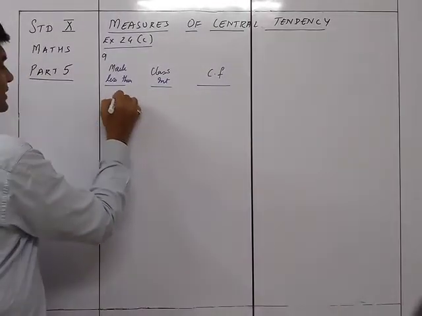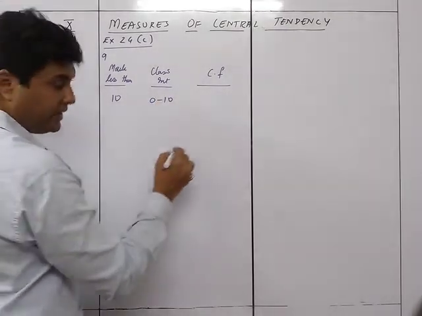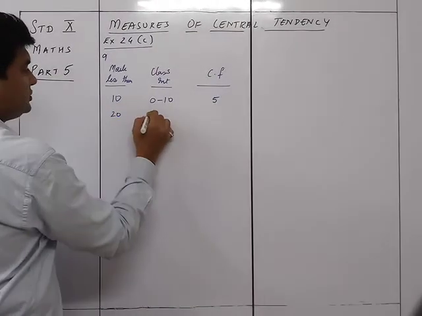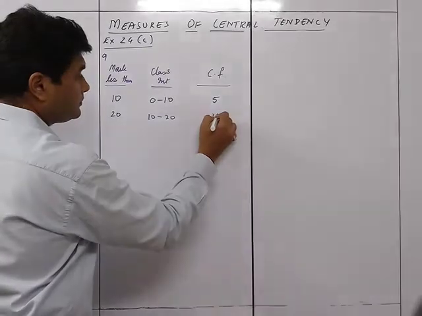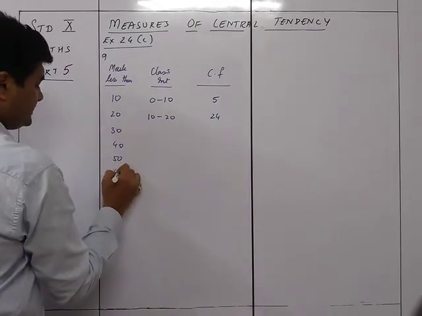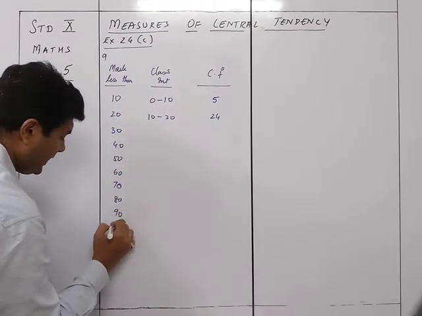Here it is 10, so it is 0 to 10. Okay, they have given you this as 5. Then 20, so it is 10 to 20, and the cumulative frequency is 24. So 30, 40, 50, 60, 70, 80, 90 and 100.